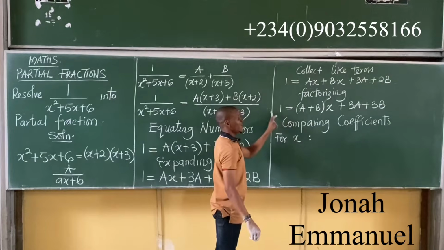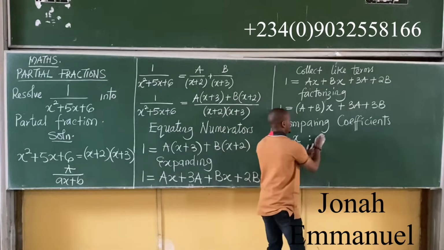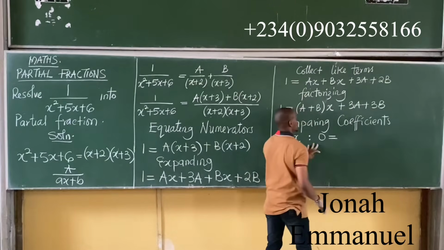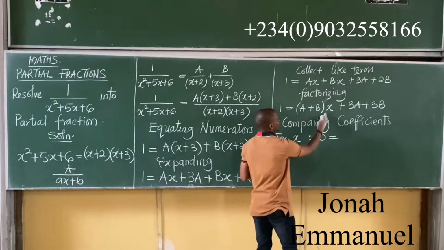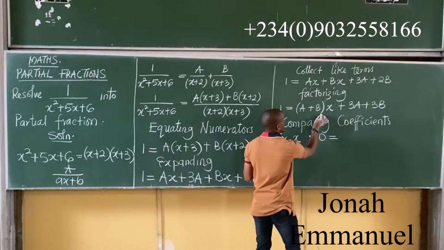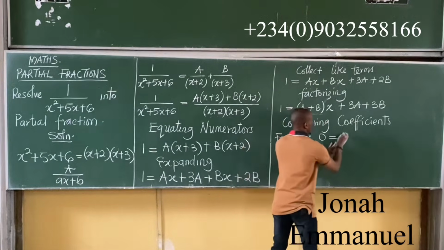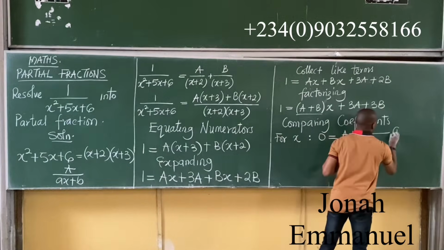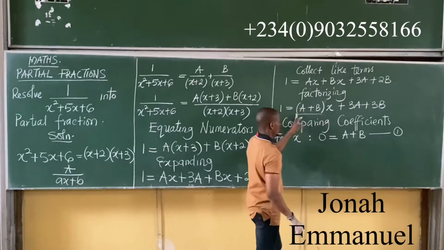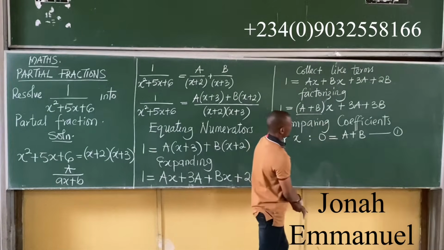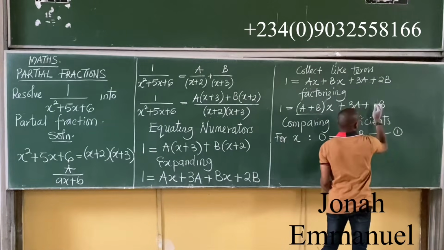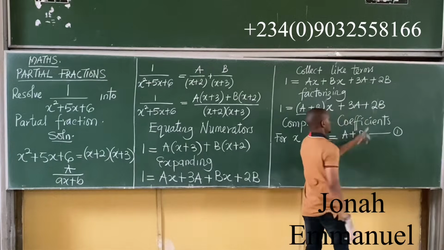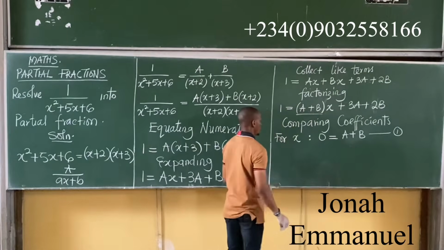That means the coefficient of x here is 0. So I have 0 is equal to, for my right hand side, the coefficient of x becomes a plus b. Call this your first equation. Having a plus b, plus 2b please. That was 2b.